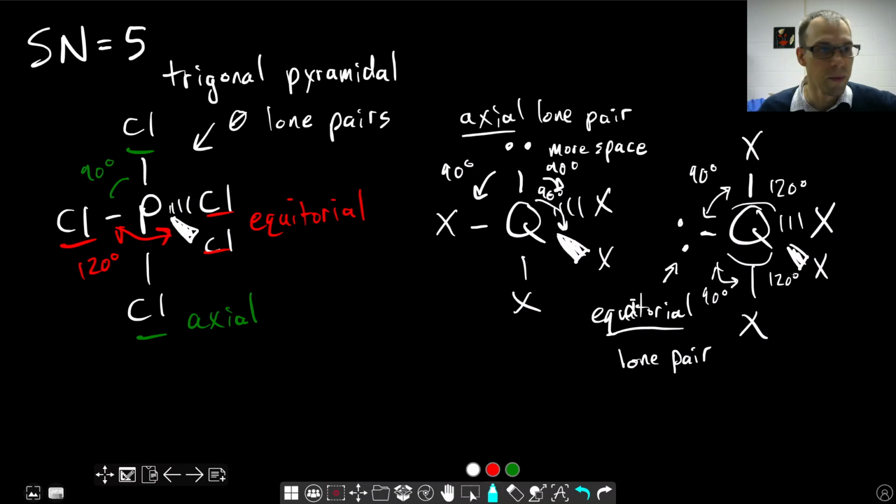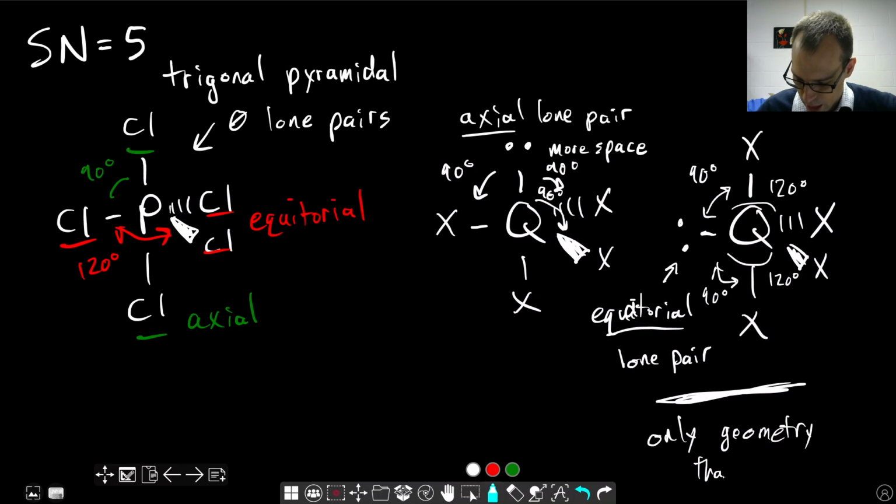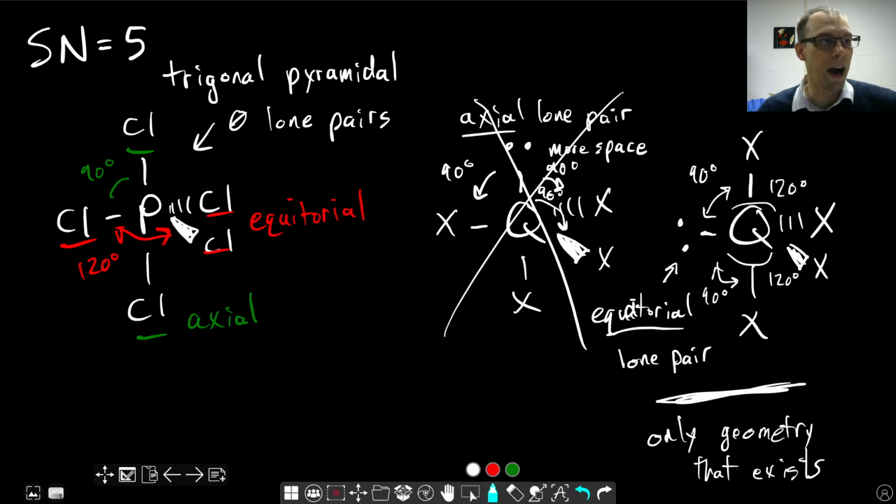And so what we get is that this side, where we have an equatorial lone pair, is the only geometry that exists. This side over here with the axial lone pair, this never happens.